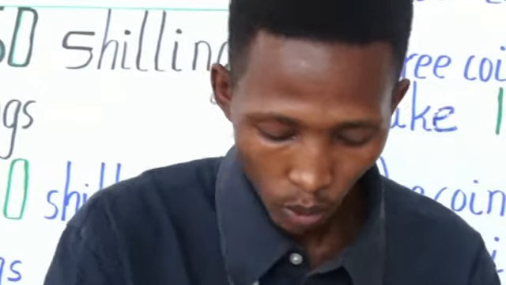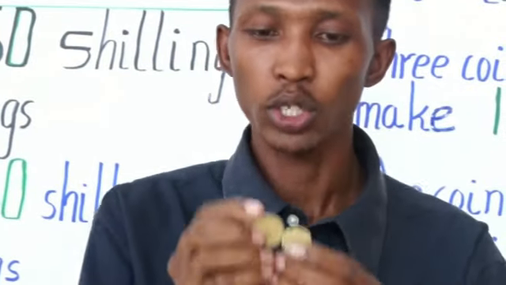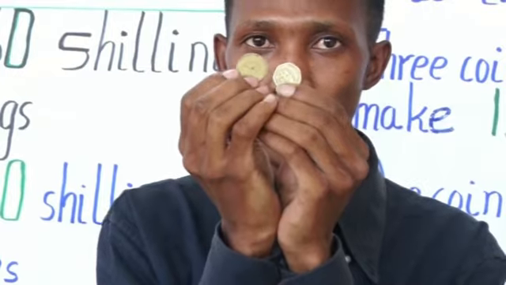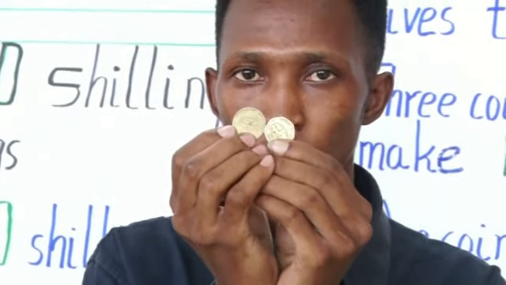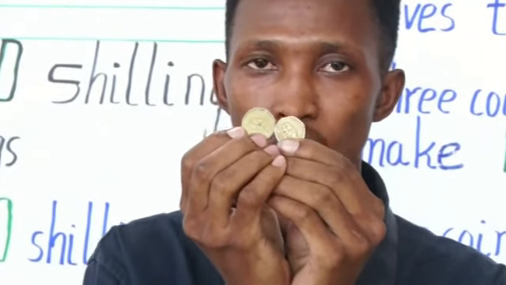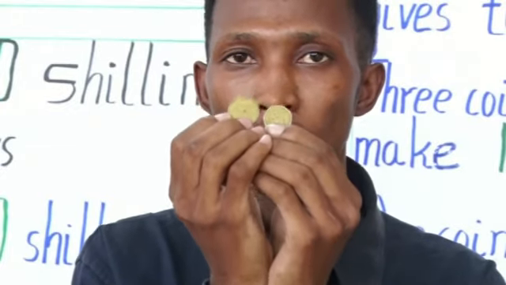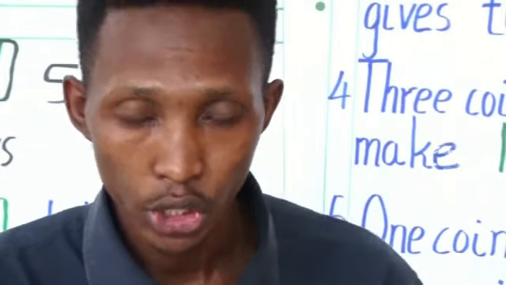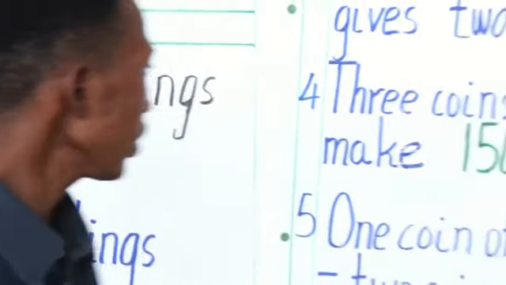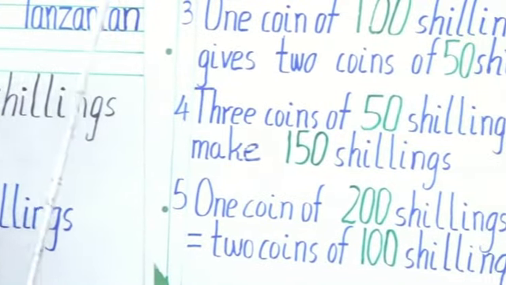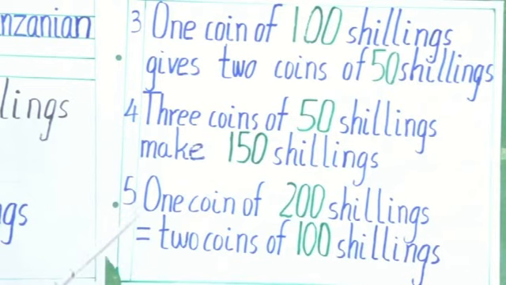So this one, I will take 100 in this way. So this means I will take it as this one, 150. So when I have 3 coins of 50 shillings, it is equal to 150 shillings. Let's go to the last example.